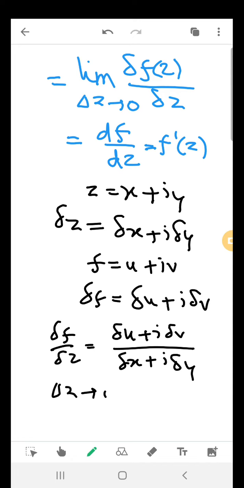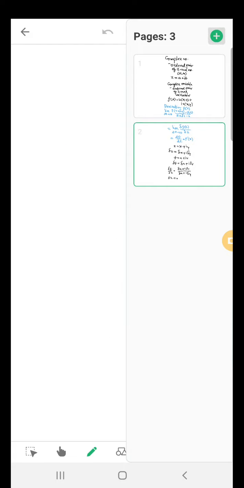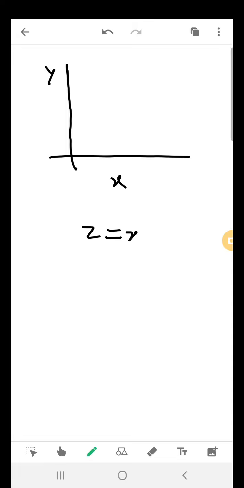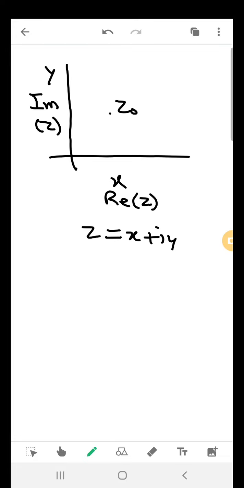This limit can be taken in two different forms. For example, if we draw the y versus x plot, z is equal to x plus iy. So this is the real axis, and this is the imaginary axis. Any point, say z0, is represented like this.